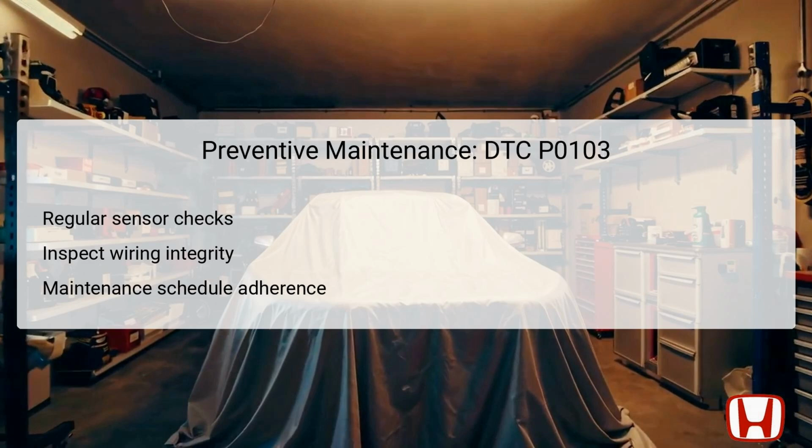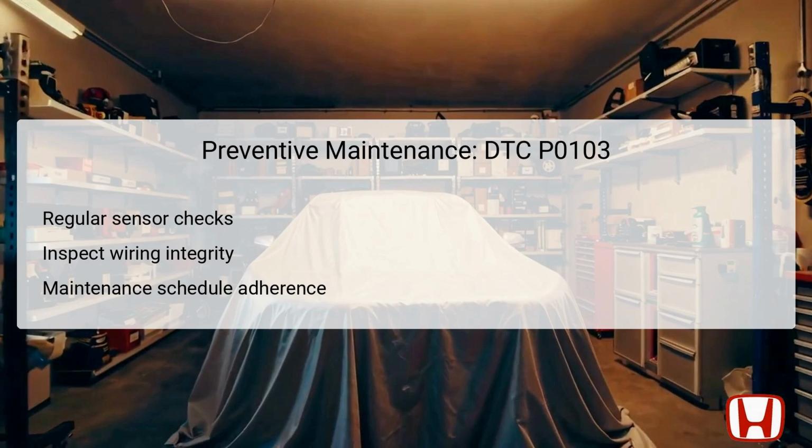Preventive maintenance plays a crucial role in ensuring that DTC P0103 does not recur in the future. Regular checks of the MAF sensor and its connections should be part of a routine maintenance schedule. Inspecting the integrity of wiring and connectors can preemptively catch issues before they lead to electrical faults.